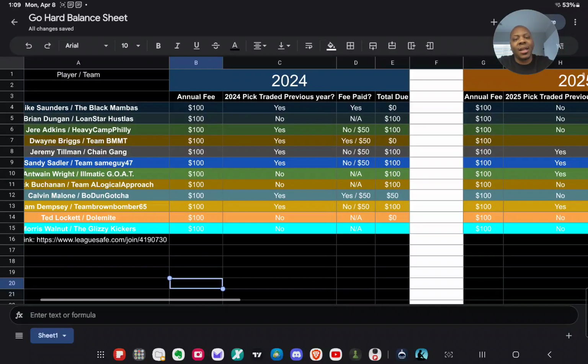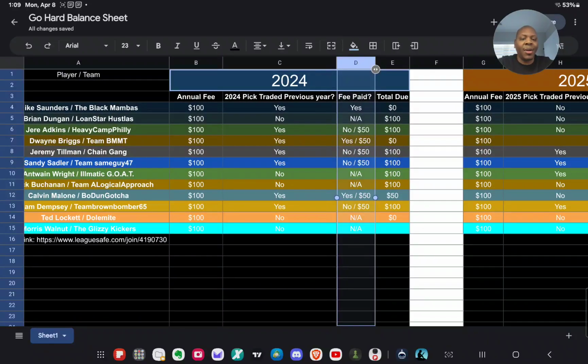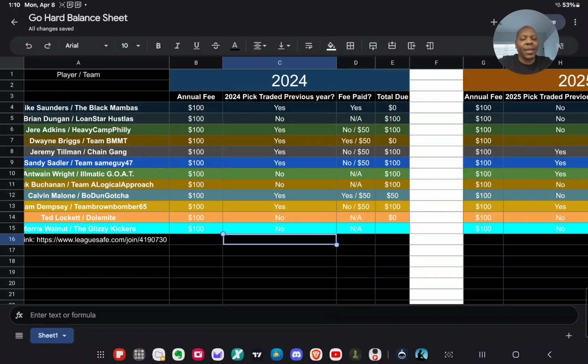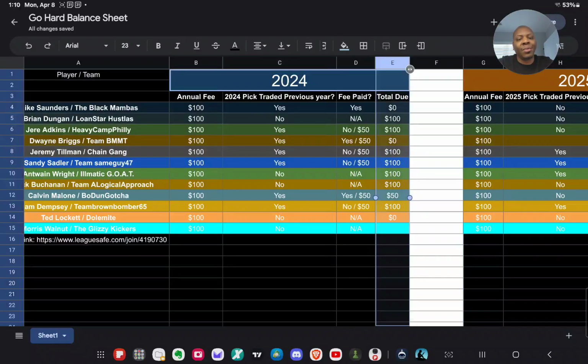And then the next column, D, is how much they had to pay for trading that pick away, and if they paid or not, which again, most people didn't. And that's on me. Not going to sweat it though. I'm sure you guys will get your payments in. Next is going to be the total due for the year, which obviously the total due for 2024 is going to be $100.